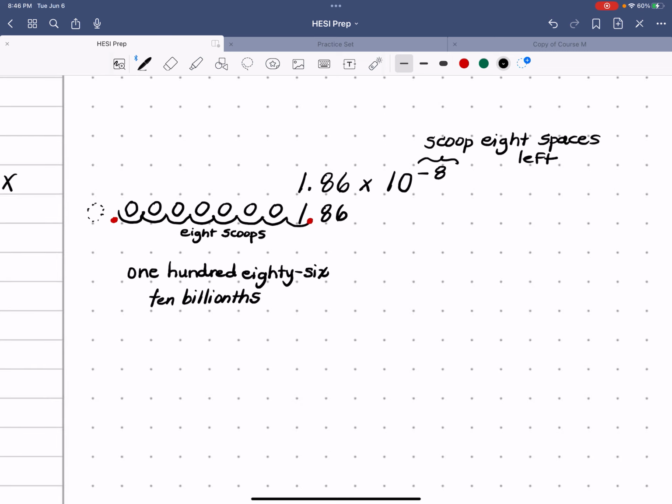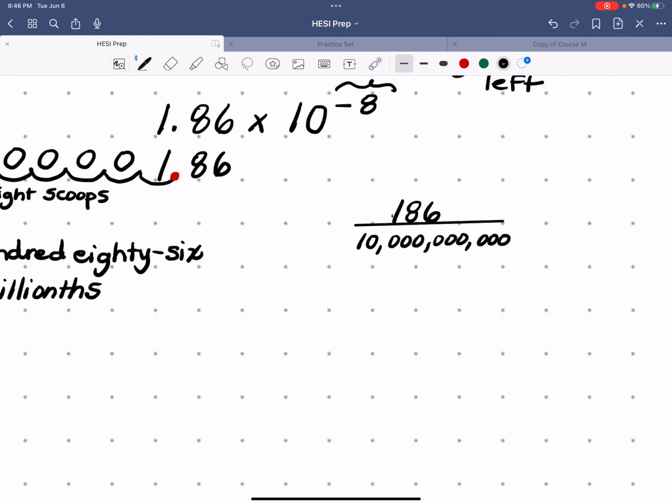If you wanted to see that as a fraction, it would have the 186 on the top. There's 10,000, 10 million, 10 billion. And if you count your places, one, two, three, 4, 5, 6, 7, 8, 9, wait a minute, 3, 6, 9, 10.